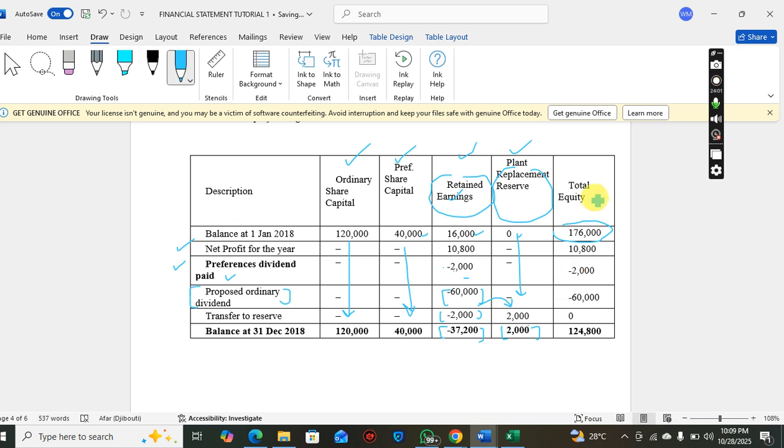So our total equity, you say 120,000 plus 40,000 plus negative 37,200. Plus and minus means minus, so just minus 37,200 plus 2,000. You're going to get 124,800.